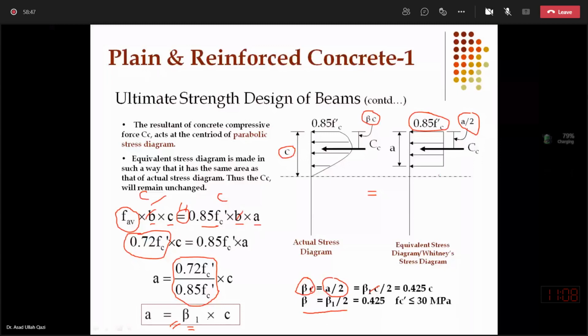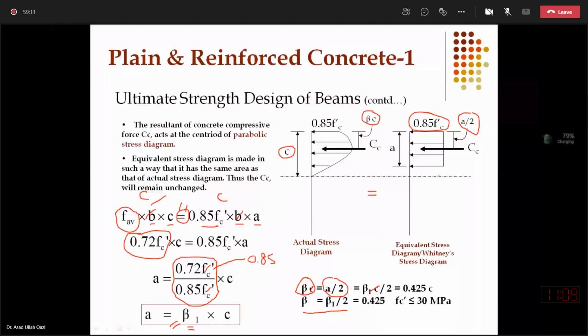And since we have proved here that up to 30 megapascal concrete, this is actually 0.85, because 0.72 over 0.85 FC prime cancel, so it is actually 0.85 into C, and this 0.85 I replace with beta 1.